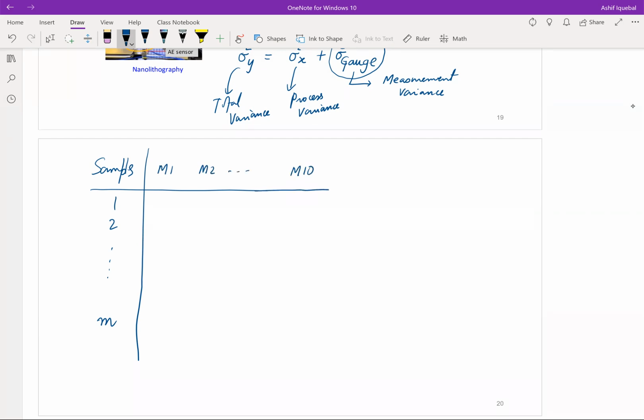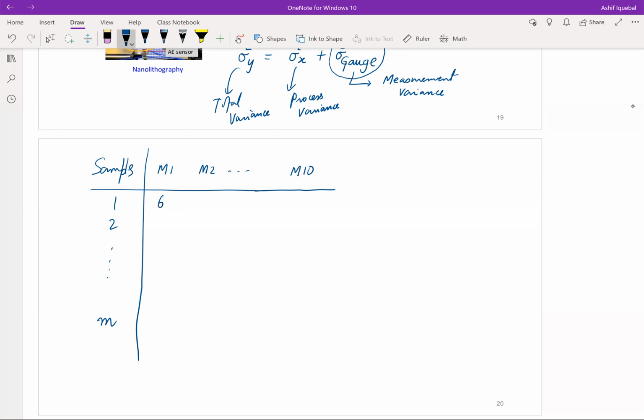Now, typically, you would want all of these measurements, M1, M2, M3 up to M10, to be the same, right? Because I'm measuring the exact same thing. But this does not always happen. Because of some errors in the vernier caliper, these measurements will always be slightly different.